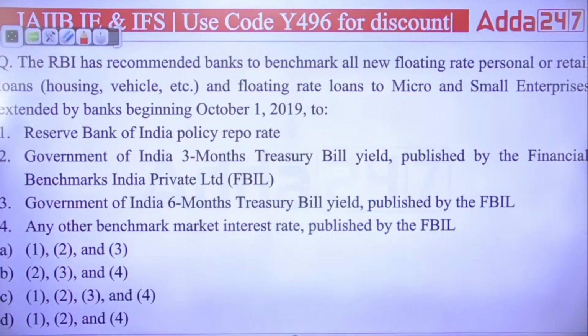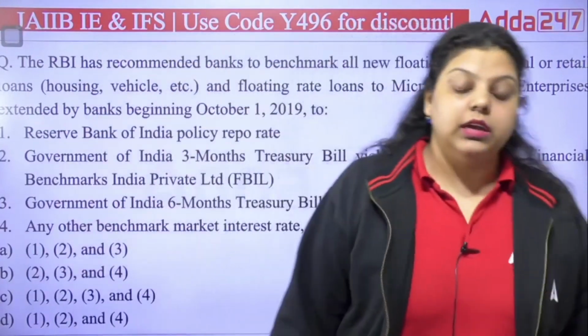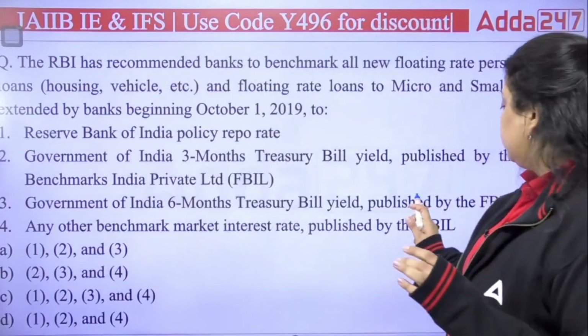So RBI has recommended the banks to what? To benchmark all the new floating rate personal or retail loans and floating rate loans to MSEs extended by banks beginning from 1st October 2019. To whom? A, B, C or D. Which of the following will be correct in the context of this question?